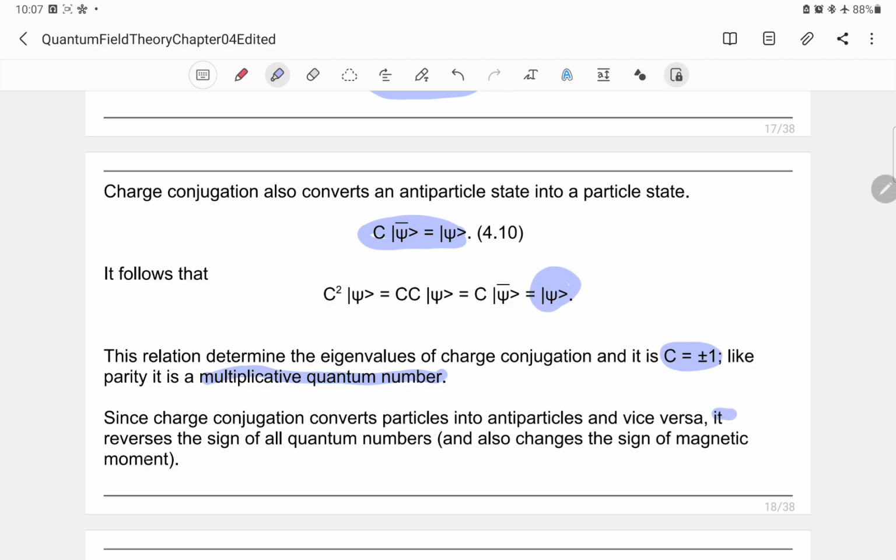It also reverses the sign of all of its quantum numbers, and also changes the sign of the magnetic moment. That is very important to remember when you do charge conjugation. So everything reverses, all quantum numbers, including the sign of the magnetic moment of the particle.